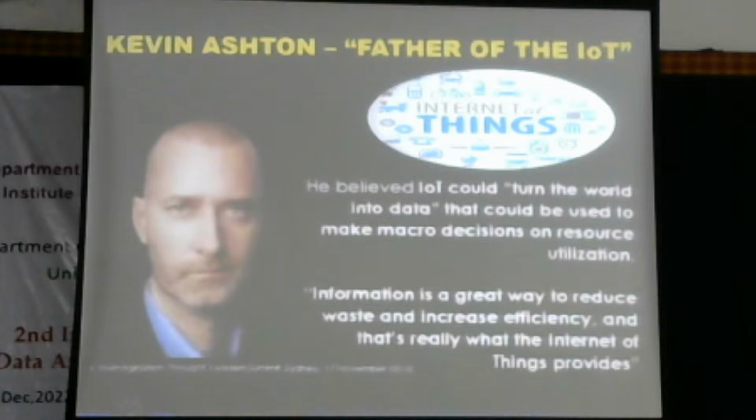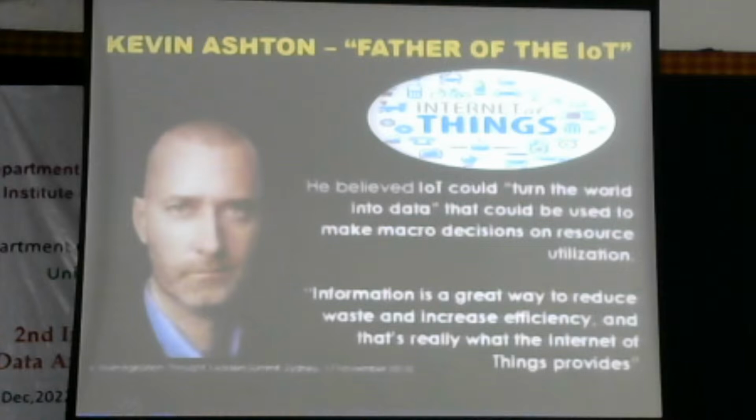He says he believes that IoT could turn the world into data that could be used to make macro decisions on resource utilization. Information is a great way to reduce waste and increase efficiency, and that's really what the Internet of Things provides. So this is a new domain.